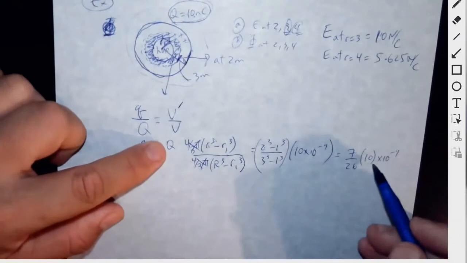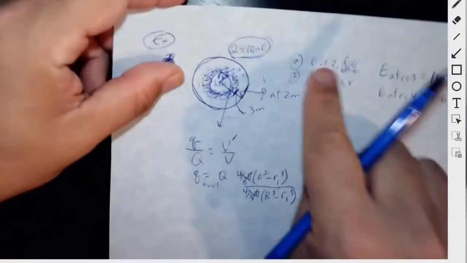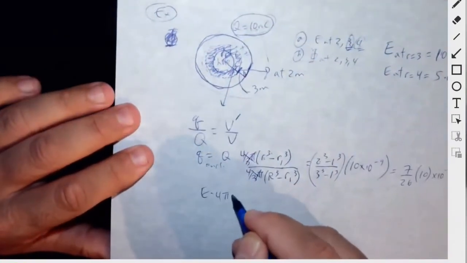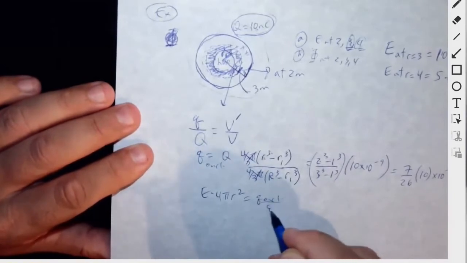This is the enclosed charge. So then what I'm going to do to find the electrical field, I'm going to do E times 4 pi r squared is charge enclosed over E0.